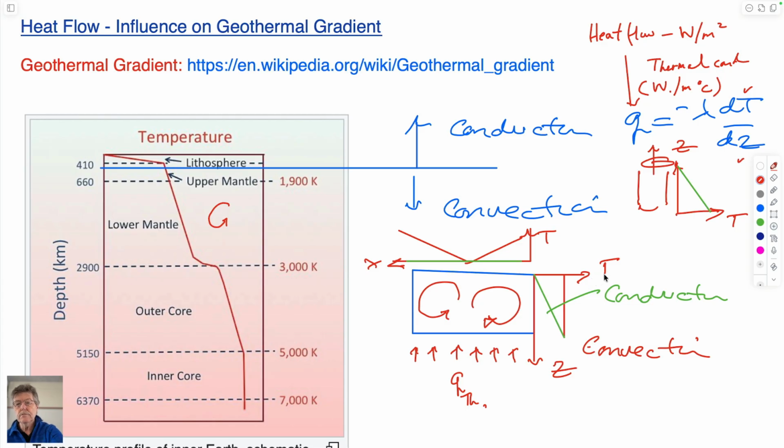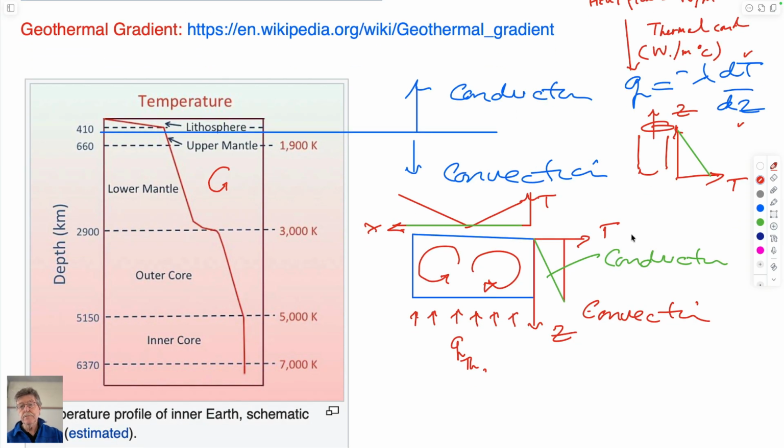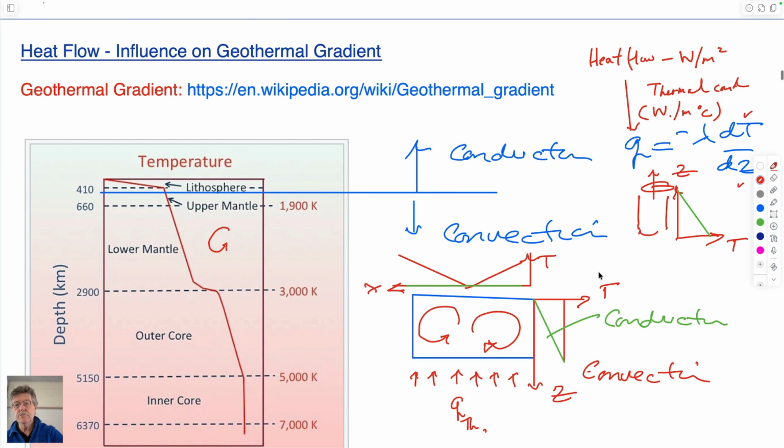And so if you work out the individual components of this, just writing out the units of this equation: watts per meter degrees Kelvin, temperature, and meters gives you watts per meter squared.